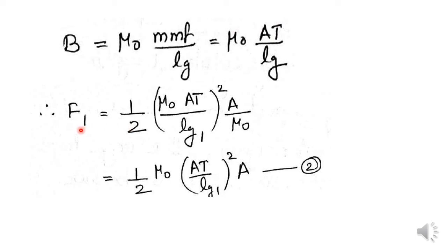So you can write F1 is equal to half mu 0 AT by Lg1 the whole square into A by mu 0, where A is the area. That is equal to half mu 0 AT by Lg1 the whole square into A. That is the equation for the force of attraction on the top portion of the air gap.